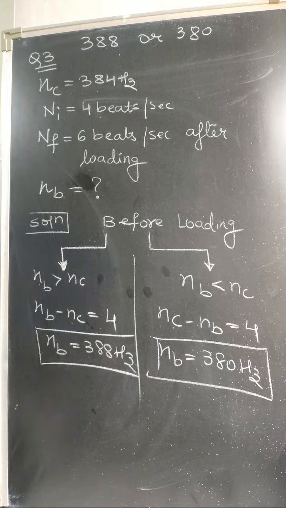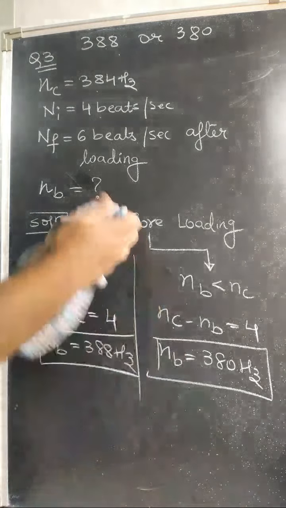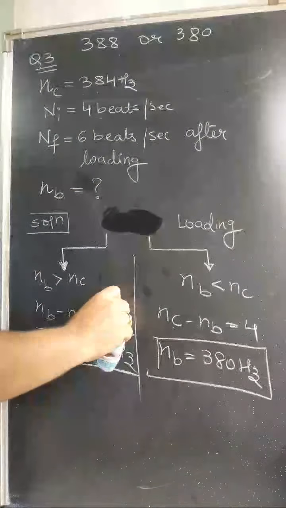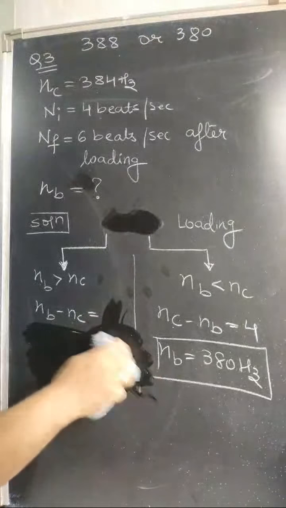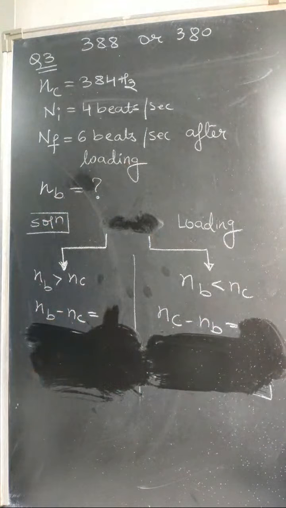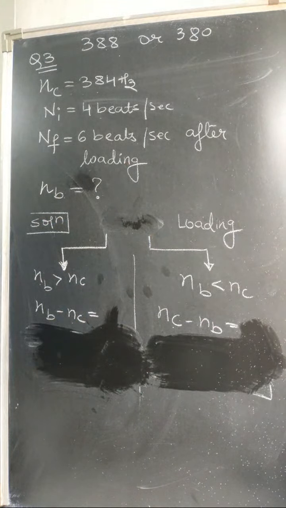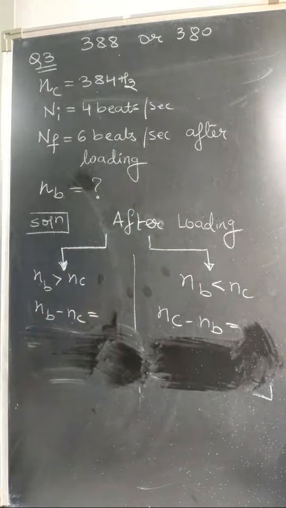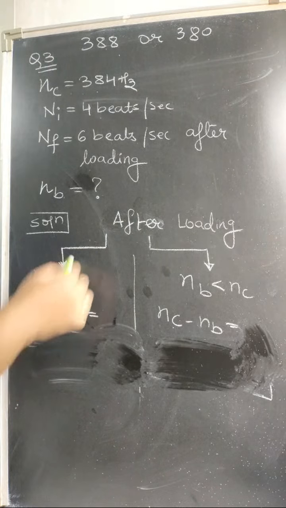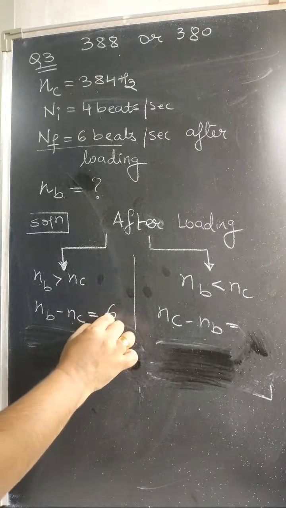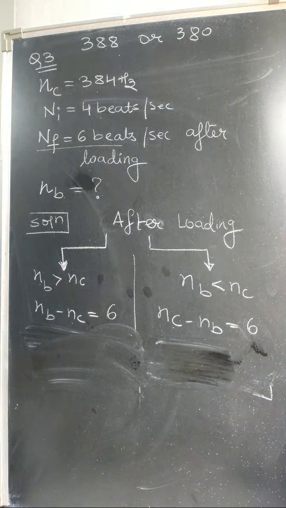So in order to find the correct answer, what we shall do? We'll erase this. And tell me, this entire condition we had written was before loading. So now we are going to write after loading. Now students, after loading the number of beats become 6. Now once again substitute.